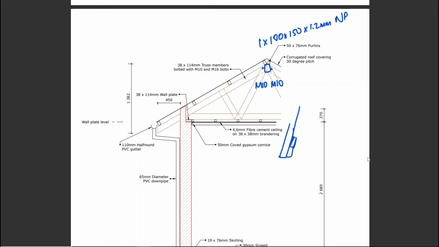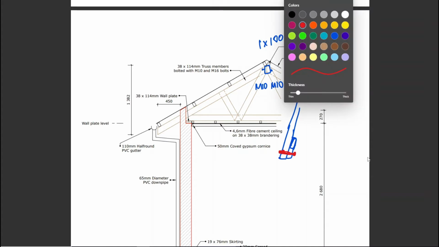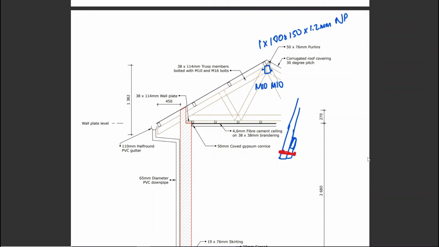Okay, this one's a rafter. This one's your, let's call it a strut. You're going to have your bolt running through. That's your head of the bolt. Let's go all the way through. Okay. Bolt. And then basically you've done the same thing on the other side. And then you're going to have to connect these two.